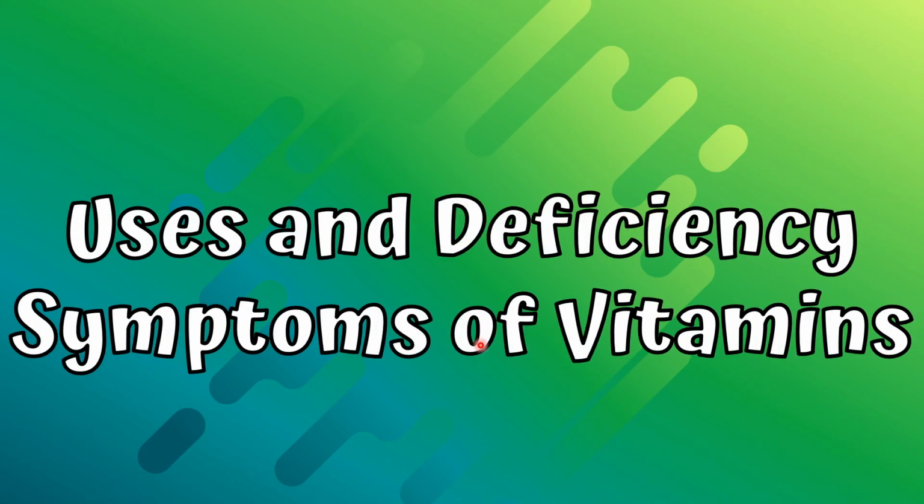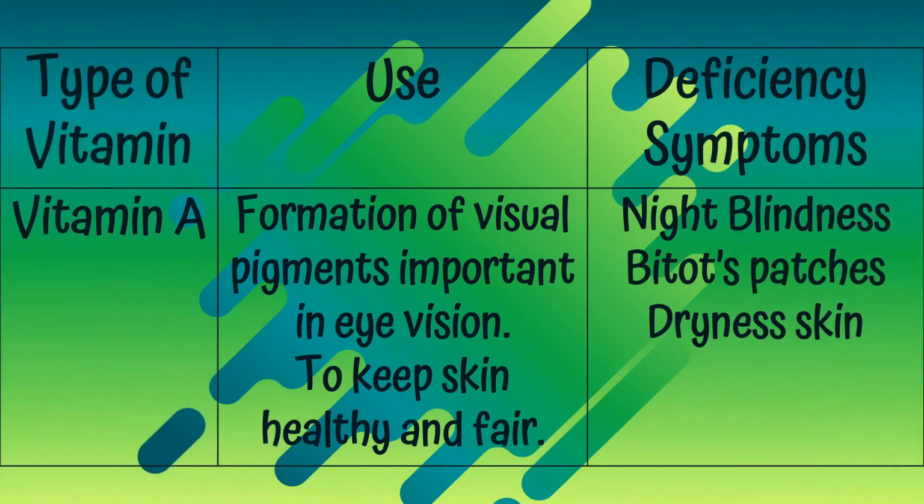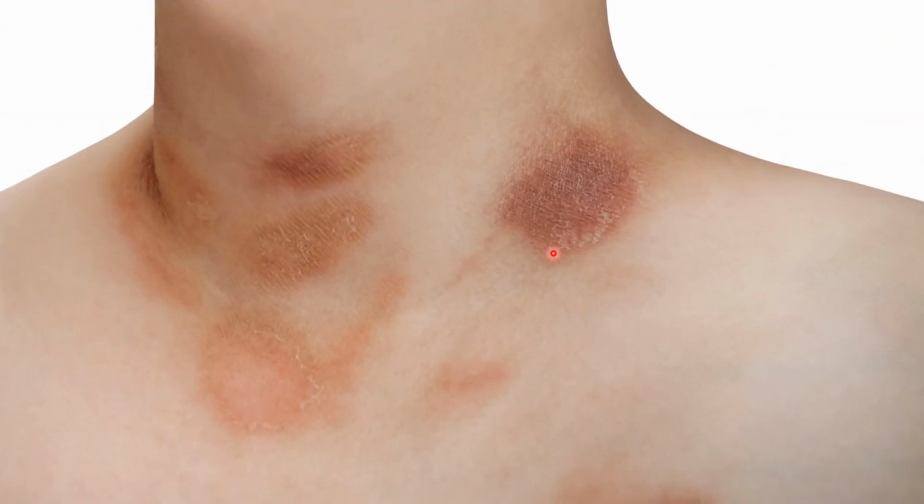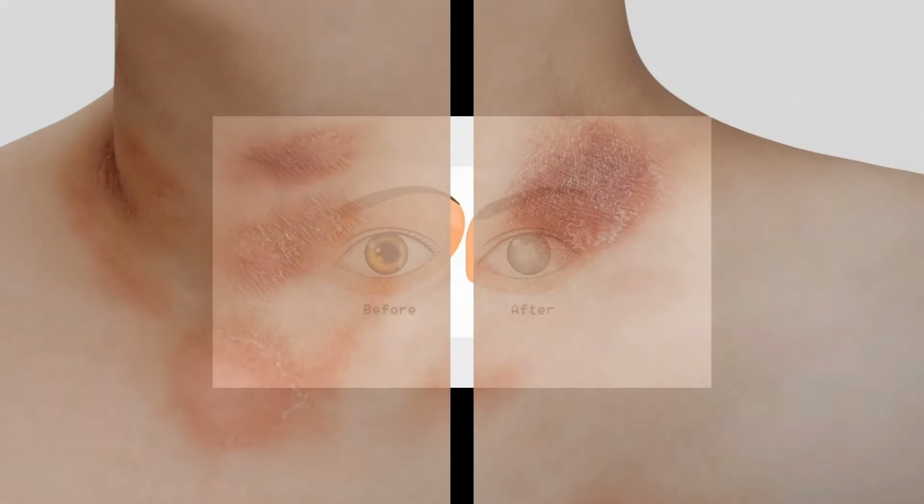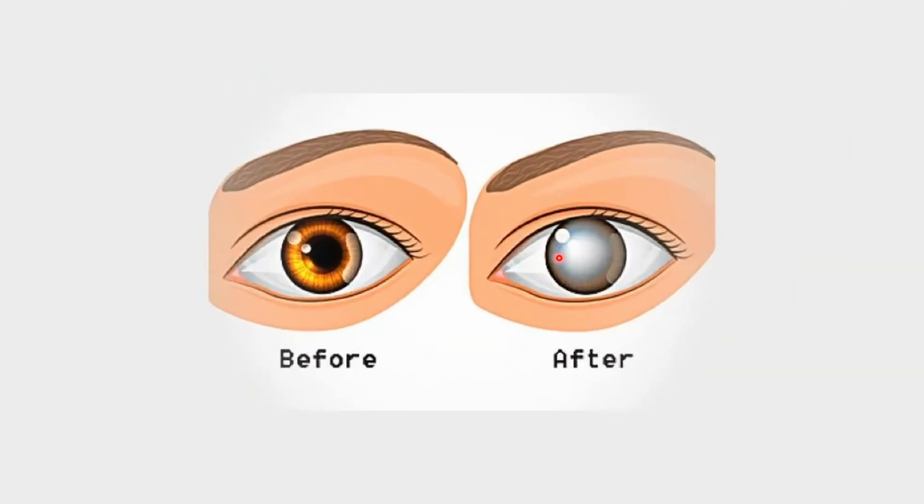Uses and deficiency symptoms of vitamins. Vitamin A. Use: formation of visual pigment important in eye vision, and to keep skin healthy and fair. Deficiency symptoms: night blindness, white patches, dry skin. And this is night blindness.